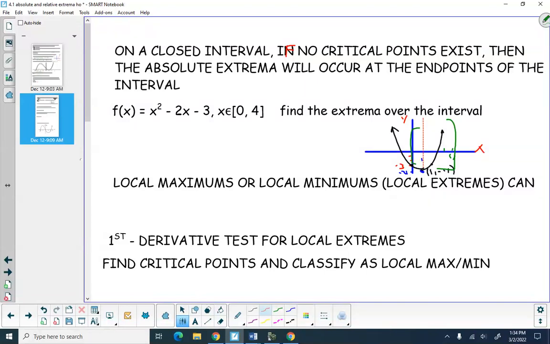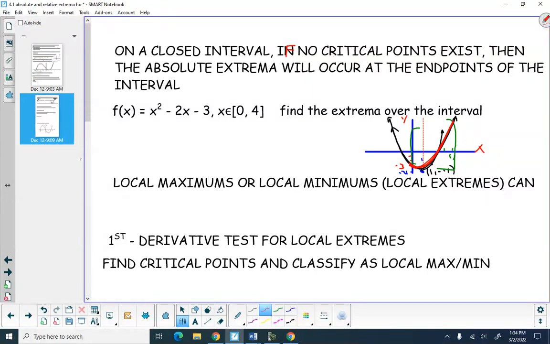And if we take a look at our parabola, from 0 to 4, my parabola from 0 to 4 is this portion right here. We want to find the extrema on that interval.